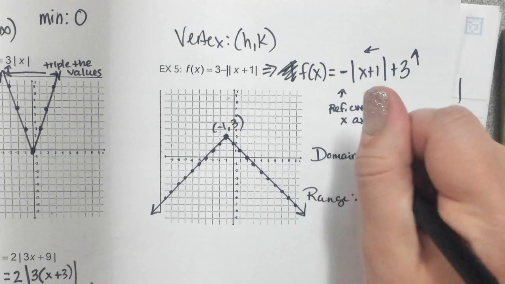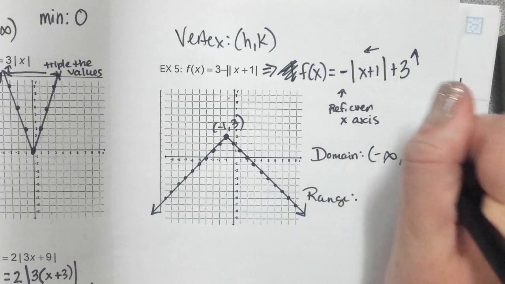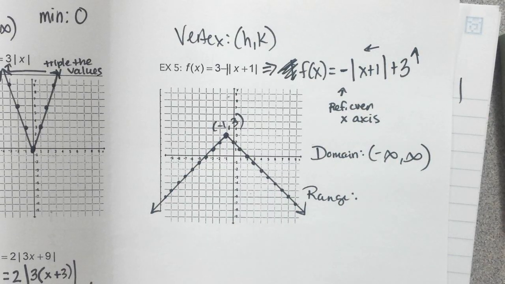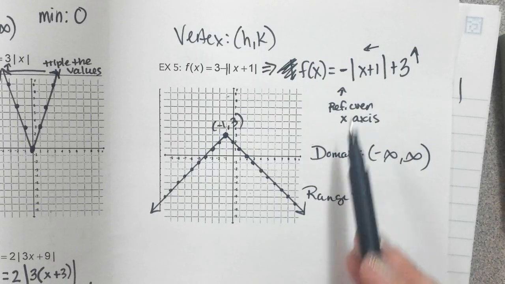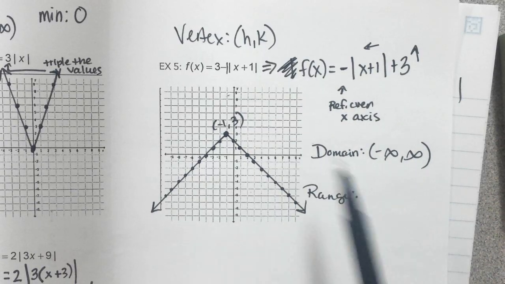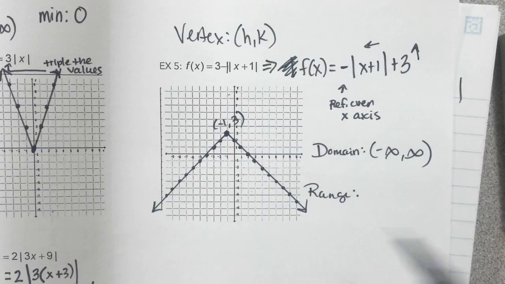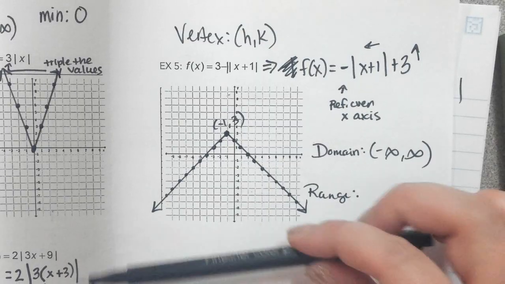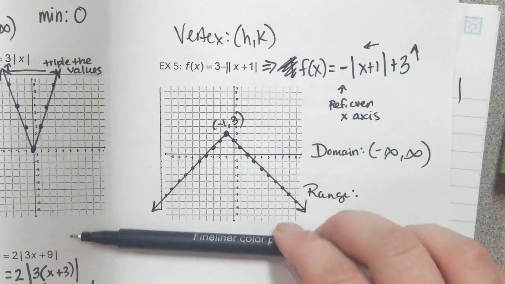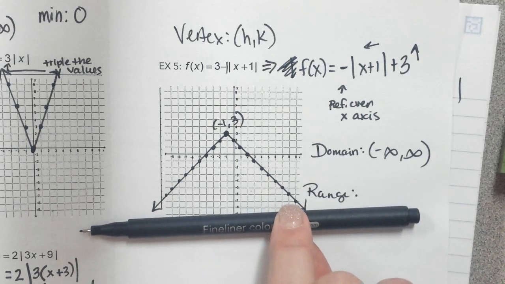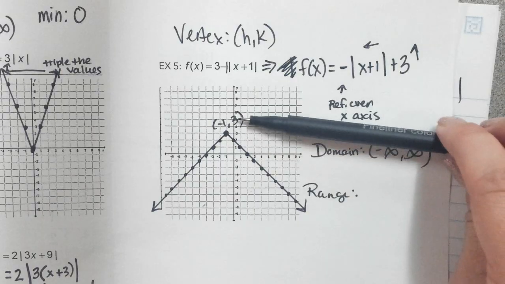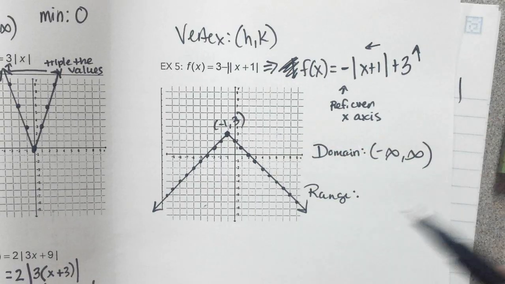Domain, we know that's never changing, right? But the range, the fact that this tips over, is reflected, changes what we would consider the range to be. If I look bottom to top, the very bottom is negative infinity, and the top is 3.